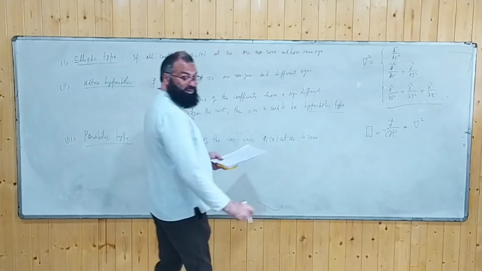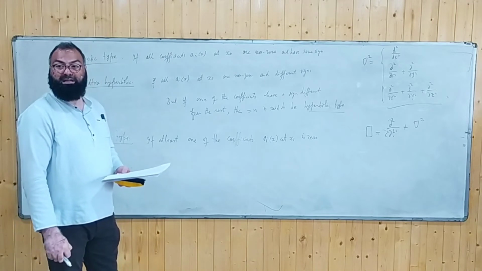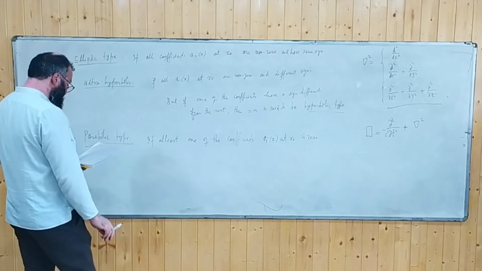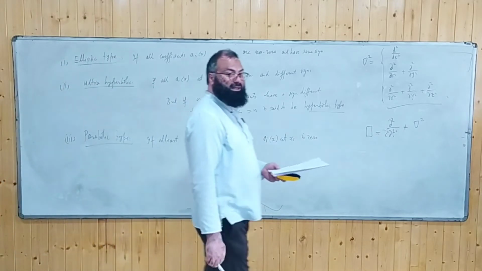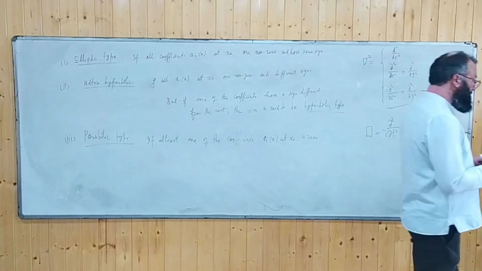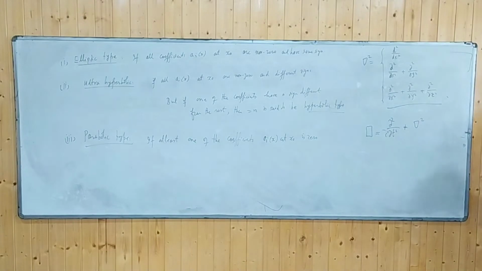So that means one of the coefficients is equal to 0. Clear? So it's called parabolic. So sign does not matter. One of the coefficients should be 0.